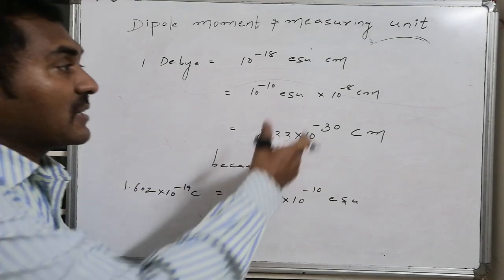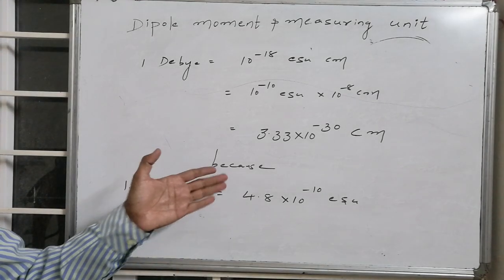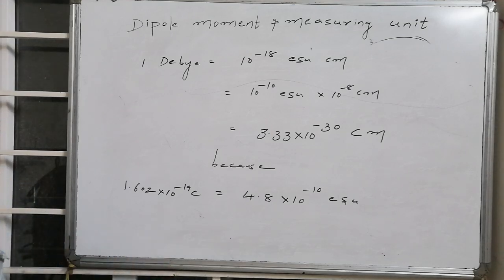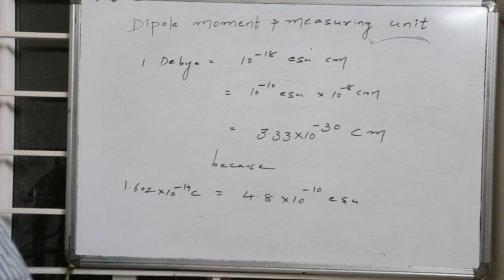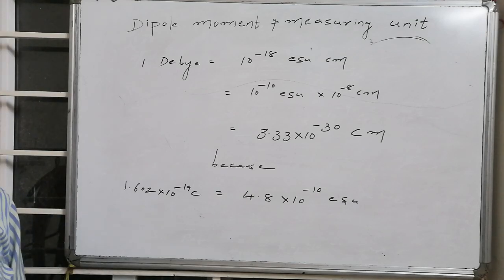Expressed in coulombs and meters, it is 3.33 into 10 power minus 30 coulomb meters, because every electron charge, 1.602 into 10 power minus 19 coulombs, is equal to 4.8 into 10 power minus 10 electrostatic units.